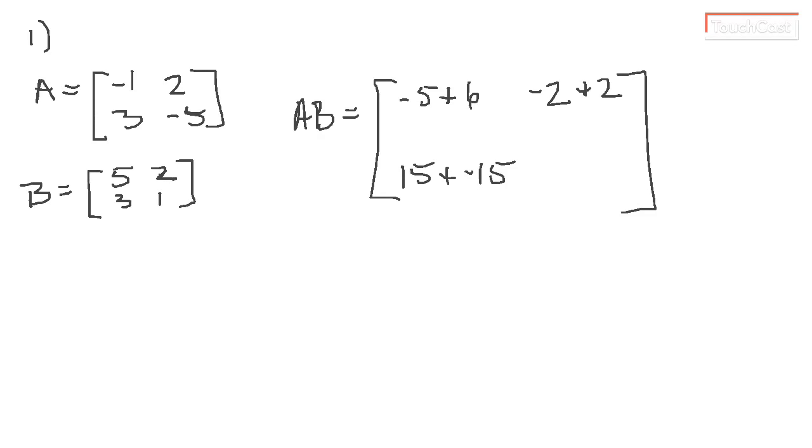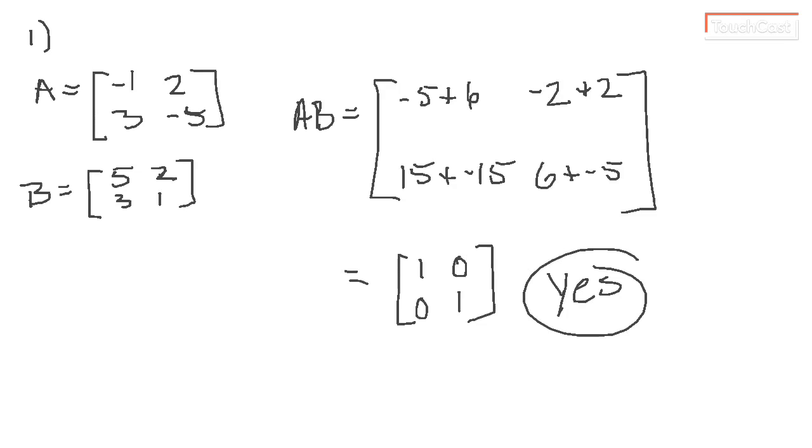And now we go second row, second column. 3 times 2 is 6. -5 times 1 is going to give us plus -5. So now we can make the addition. -5 plus 6 is 1. -2 plus 2 is 0. 15 plus -15 is 0, and 6 plus 5 is 1. So are these inverses? The answer is yes.